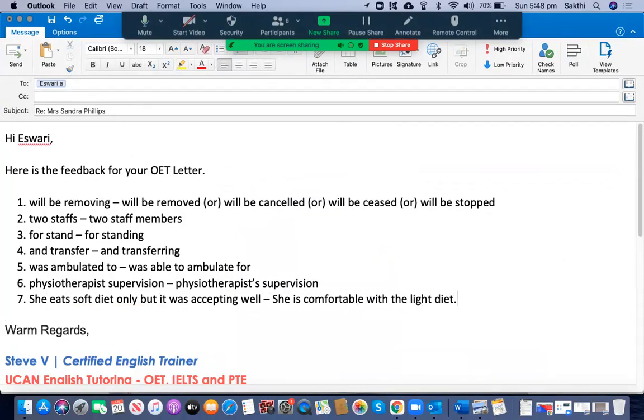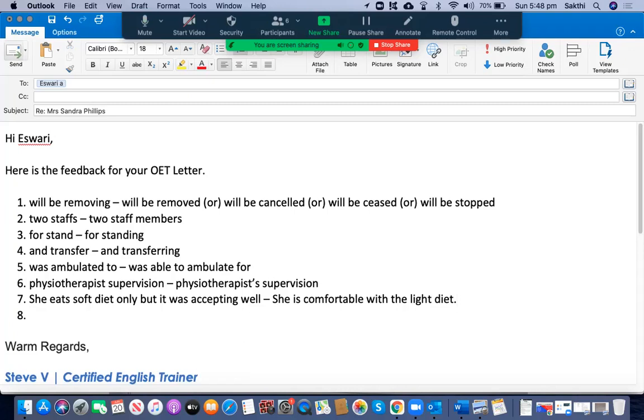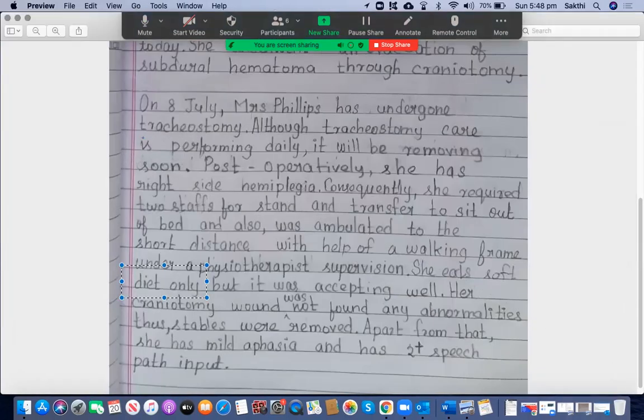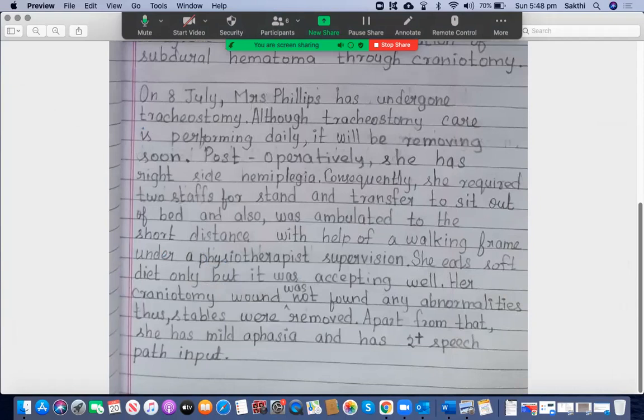That's it. Finished. But when you use "but," this one doesn't make sense. When she eats the hard one, maybe the one that needs a lot of energy and effort, then you can mention that she is accepting it very well. But if it is a soft diet, everyone would be able to accept it very well. So it's not connected properly.